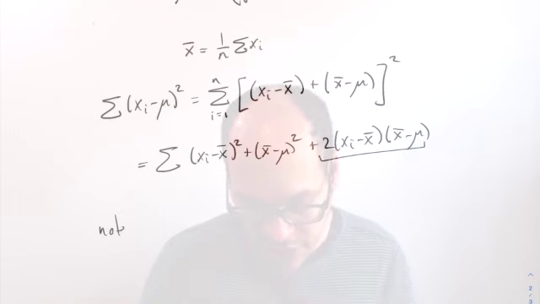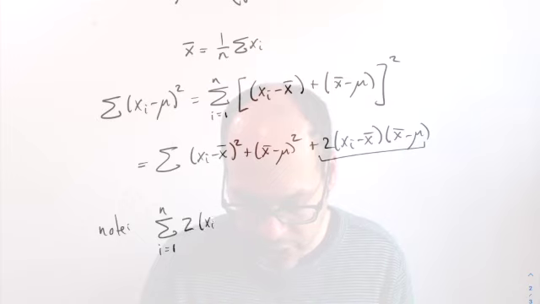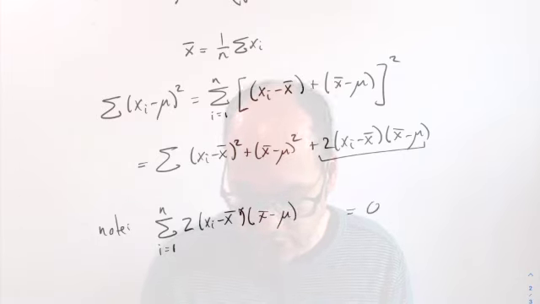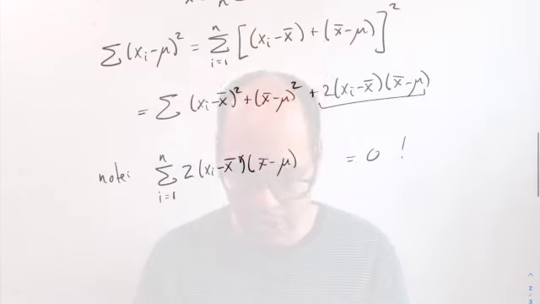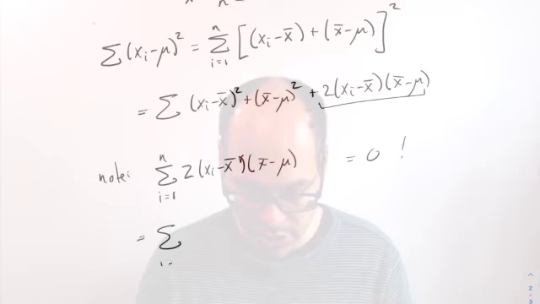Let's note that the sum from i equals 1 to n of 2 xi minus x bar times x bar minus mu will actually end up being 0. Let's see. The 2 doesn't really matter, so let me get rid of it for right now. Go ahead and FOIL that.